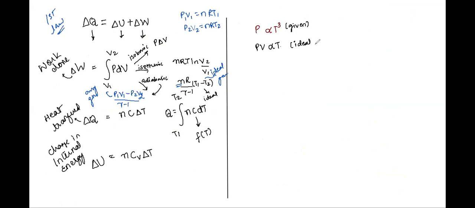Now I want to form PV to the power gamma is some constant, or basically that P is proportional to 1 by V to the power gamma. I want a relation in terms of P and V, so I want to remove T. How will you do it? Yes, using these two proportionality relations.